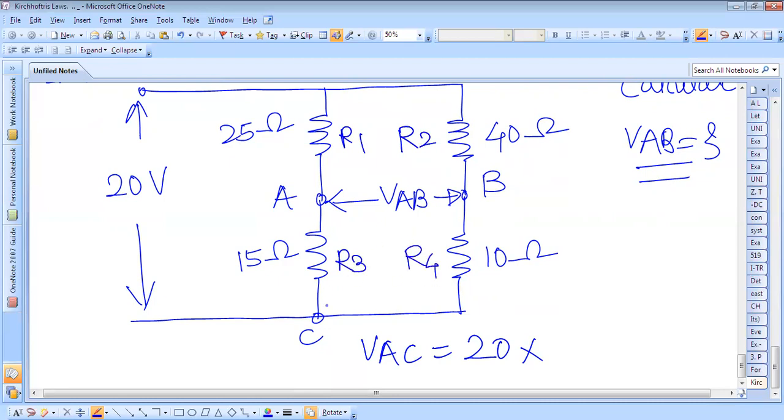We have to find the voltage across this AC. It is the total voltage 20 into, as we have to find the voltage across this resistance, therefore R3, 15 divided by 15 plus 25. If you solve this, we'll get 7.5 volt.